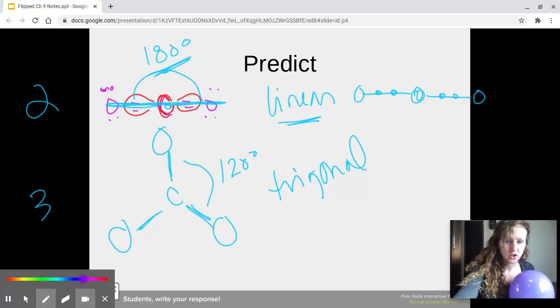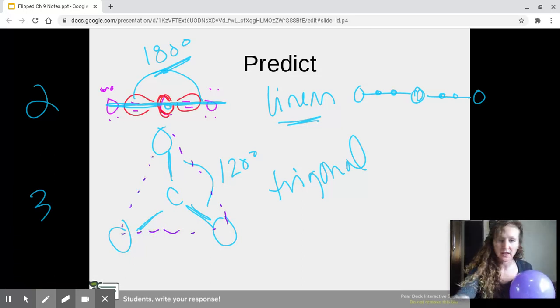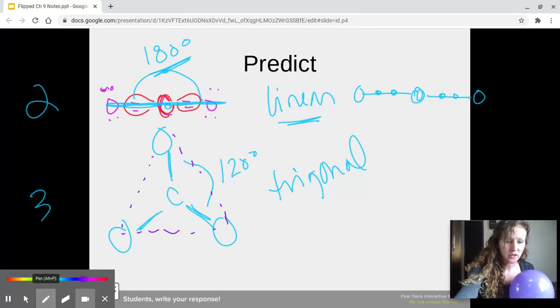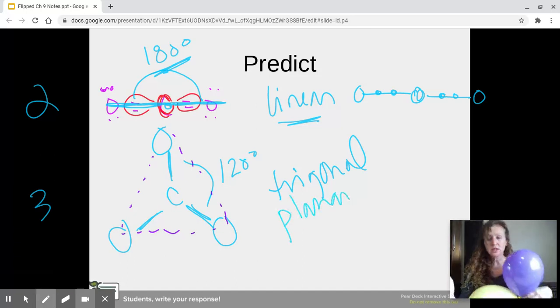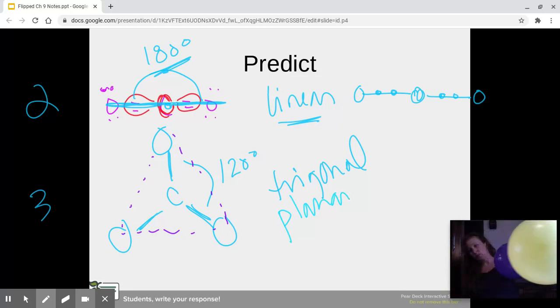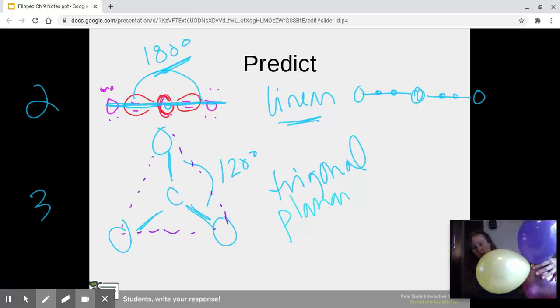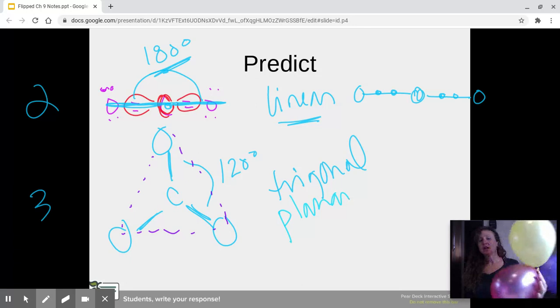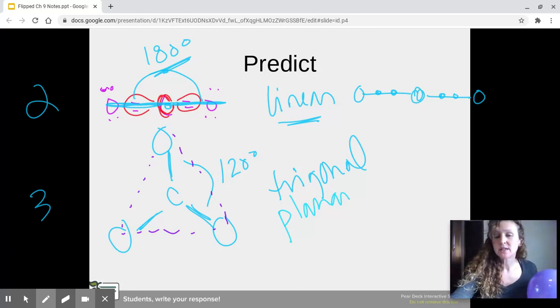Like a triangle. Notice if we connect the dots, it makes a triangle. So it's going to be trigonal planar, because notice all 3 are in the same plane with each other. All in the same plane. Trigonal planar. A good example of this would be something like BF3.